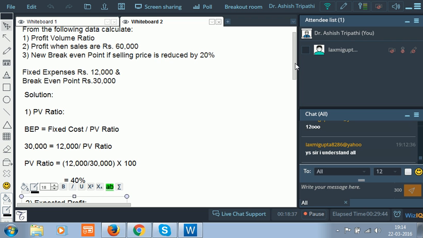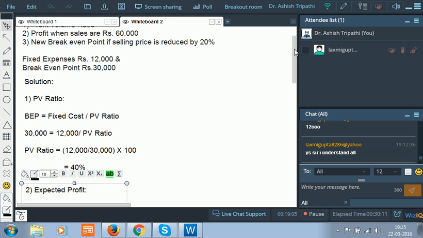How to calculate the last one, new break-even point if selling price is reduced by 20%? Let us see.